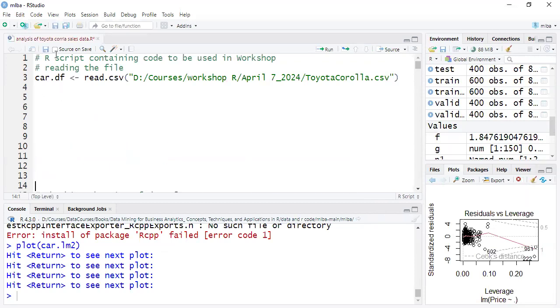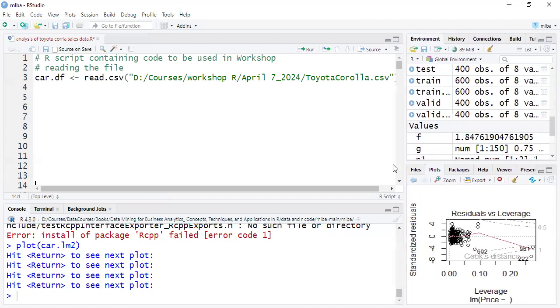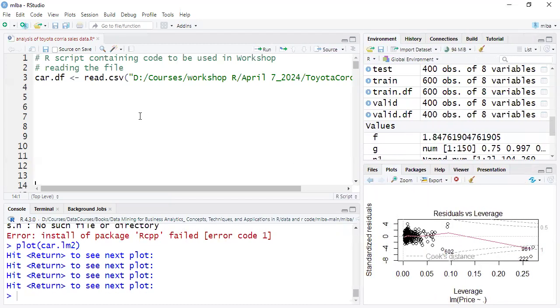Before reading the file, I want to explain the GUI, the graphical user interface of R. These are the four windows. The upper left window is called the script, or R script.